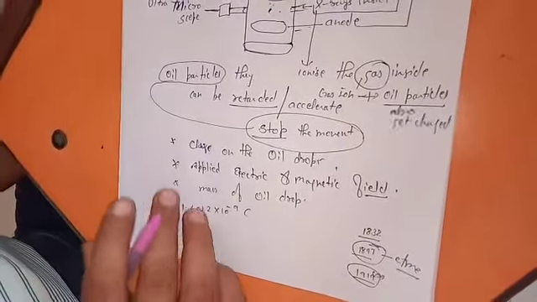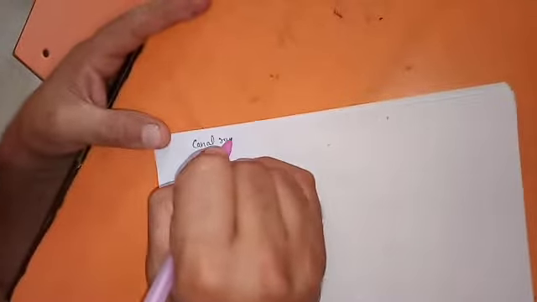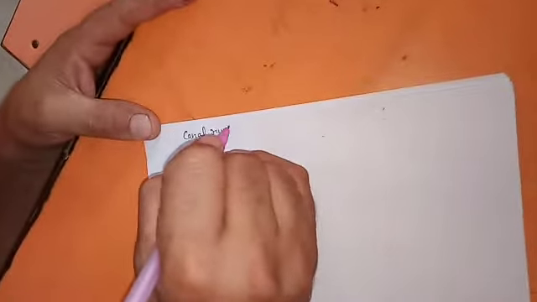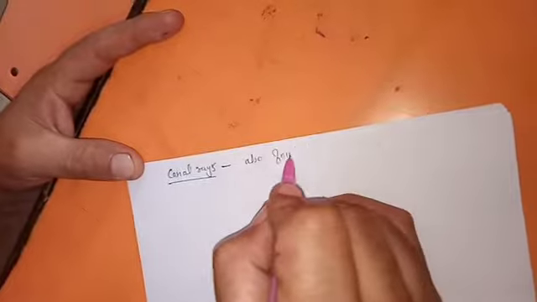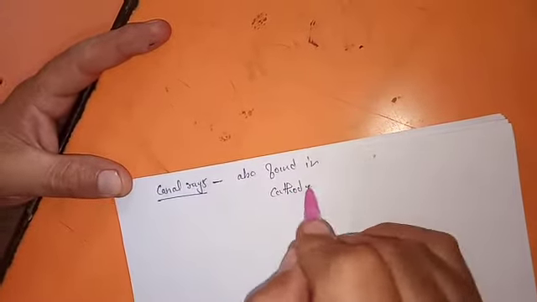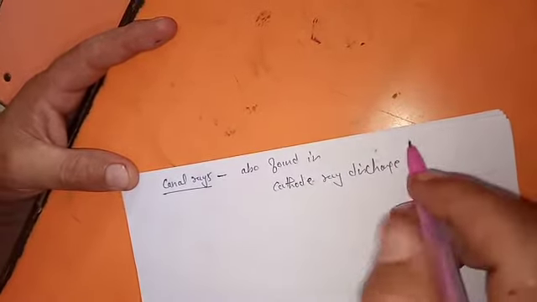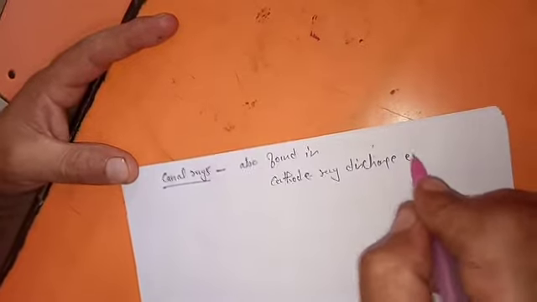But after that, research increased quite a lot, and we got research on the canal rays. This is another term. Canal rays are also found in the cathode ray discharge experiment, but their properties are quite different.